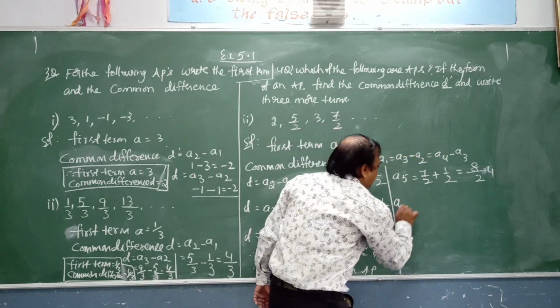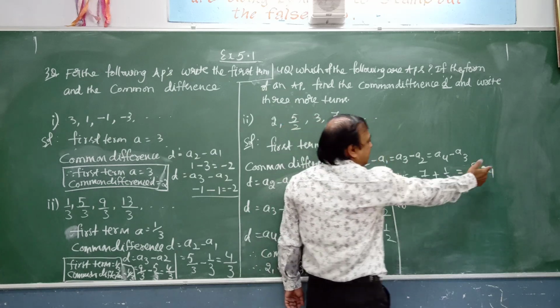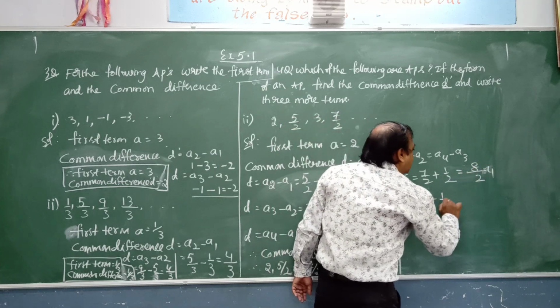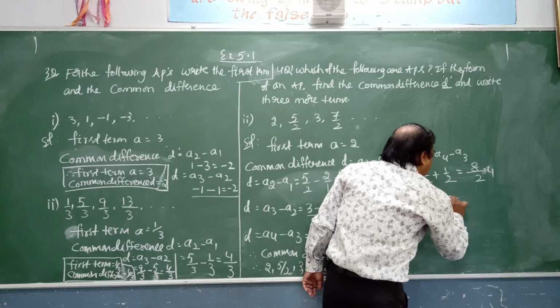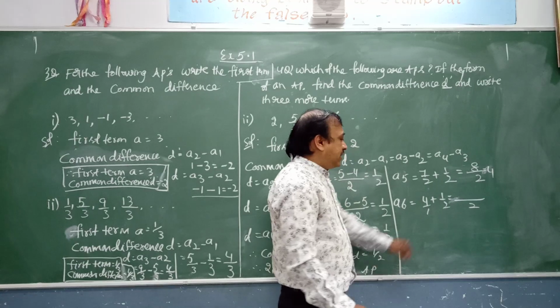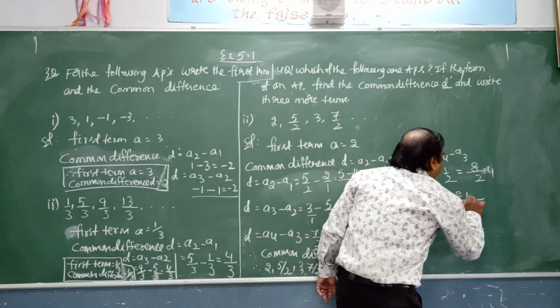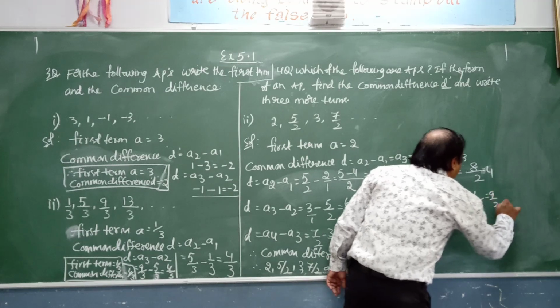Now a6, the sixth term, is a5 plus common difference, this is 4 plus 1 by 2, which will give you LCM. You can take 2, then 2 table 2 is the LCM, 1 table 2, 2 times 2 4s are 8 plus 1, which is equal to 9 by 2.